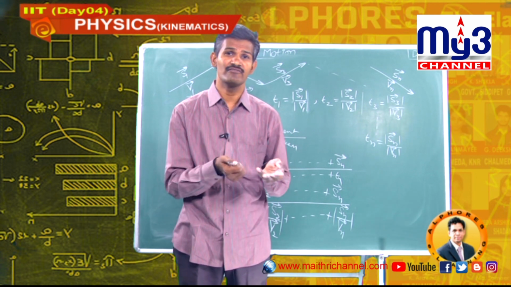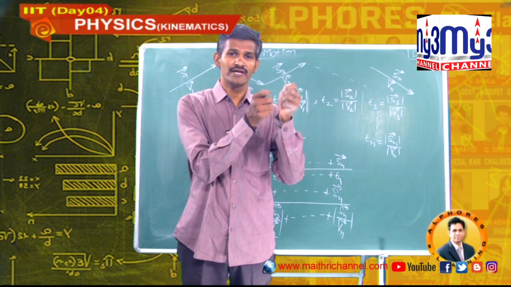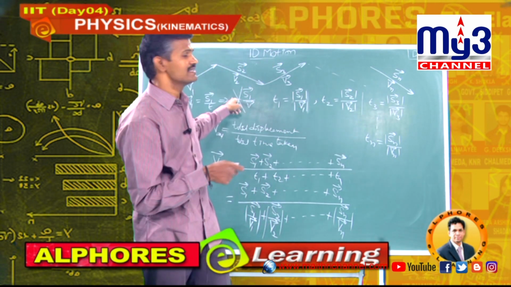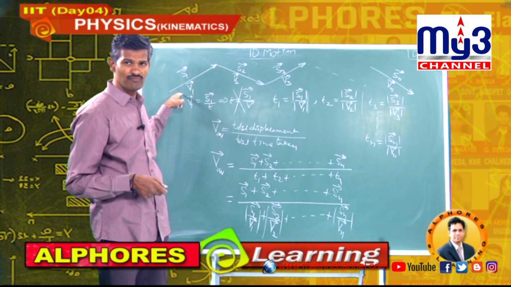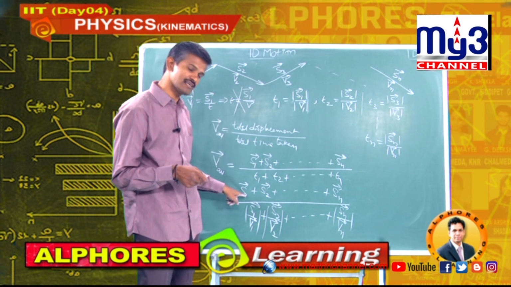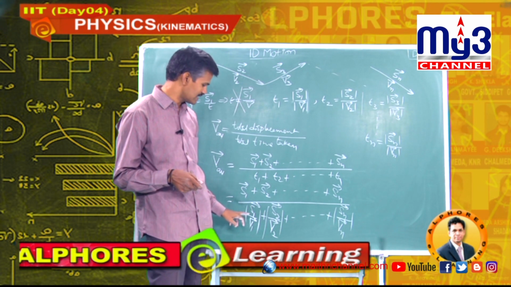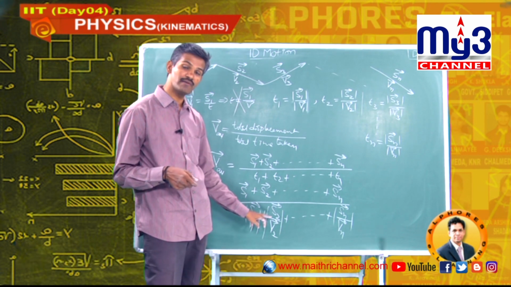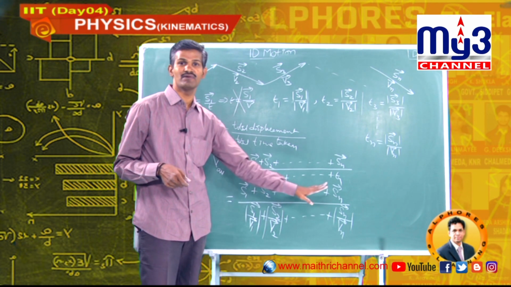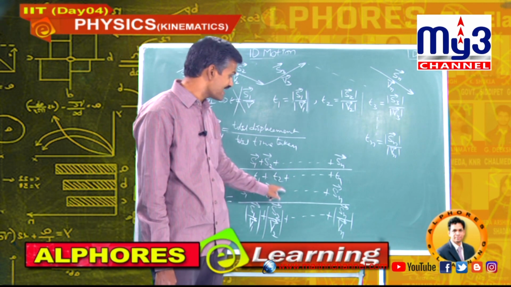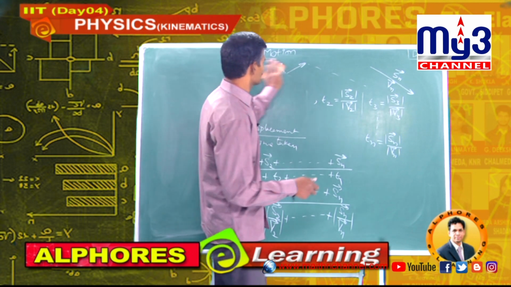In such a case, average velocity is V1 bar into T1 plus V2 bar into T2 and so on. In this case, they give S1 bar and V1 bar. In such cases, average velocity is S1 bar plus S2 bar and so on plus Sn bar by S1 bar by V1 plus S2 bar by V2 and so on plus Sn bar by Vn. Here also we can consider some cases. What are those cases?